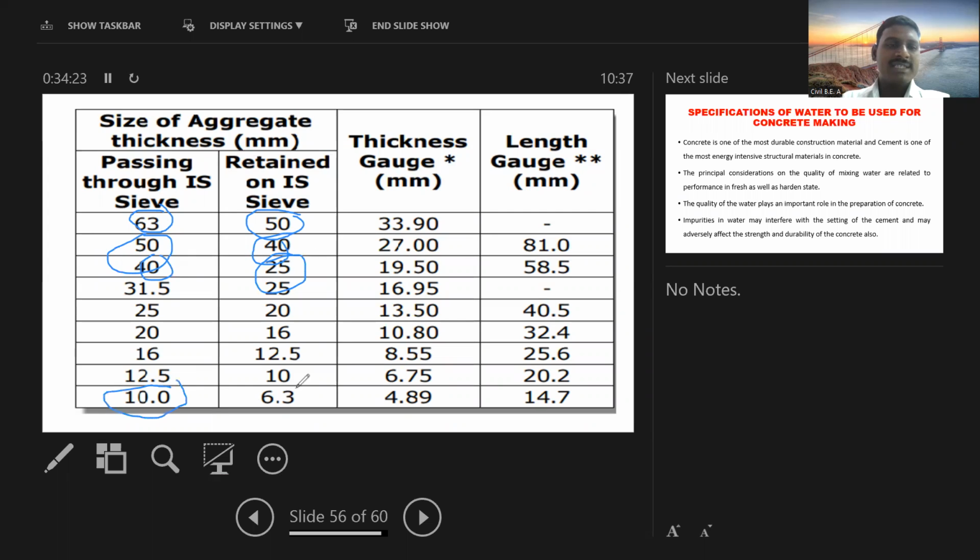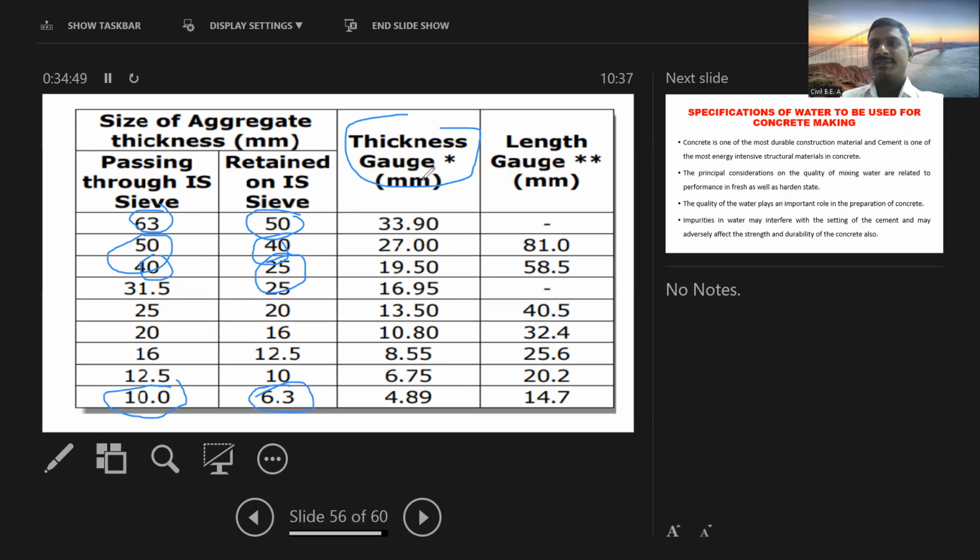Similar to that, passing 10 and retaining 6.3. So this we have to do for each aggregate size for distribution. If you want to decide the size of the aggregate, it has to pass through all these sieves. Then and only then can you say this is the aggregate in this group or this size.